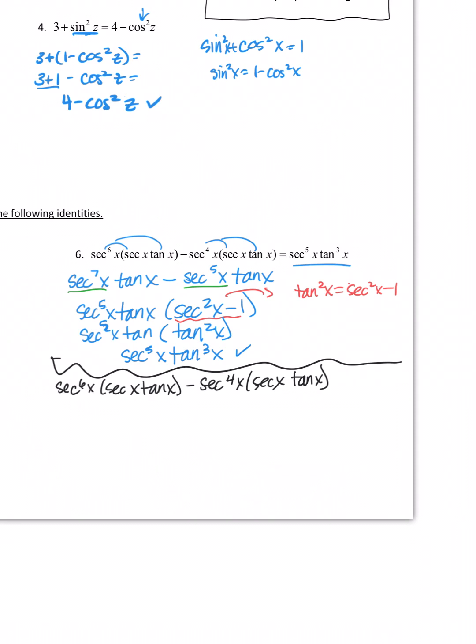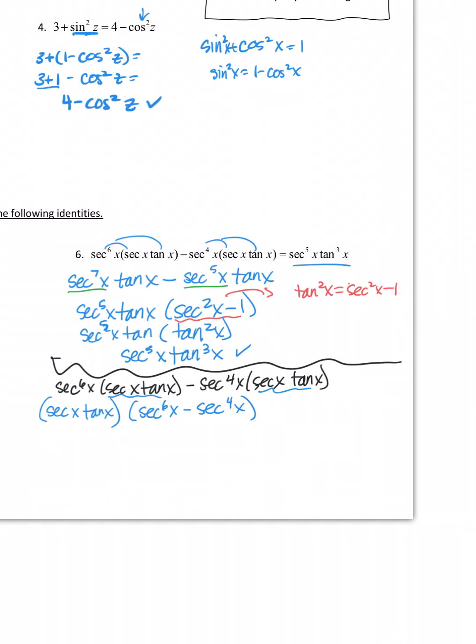Now, what can I do here? Well, some of you may just recognize, hey, don't they have just these in common? Can't I just take that out and regroup them? Sure, you can do it that way. So what happens next? So we'd have secant x tangent x. What's left over would be secant to the 6th of x minus secant to the 4th of x.